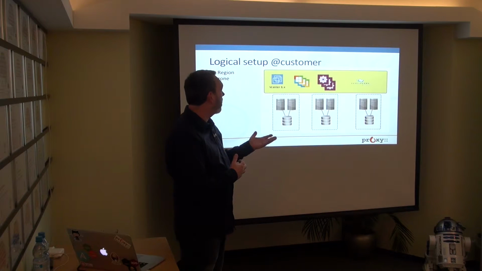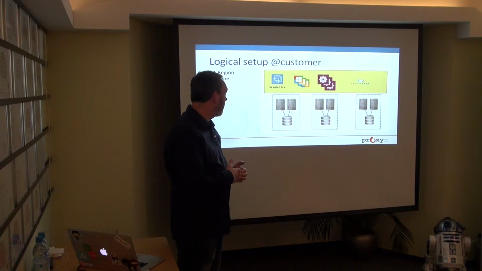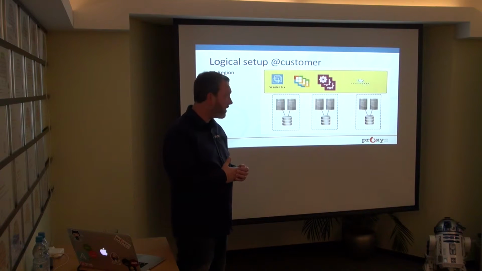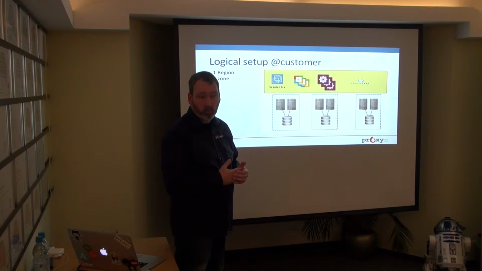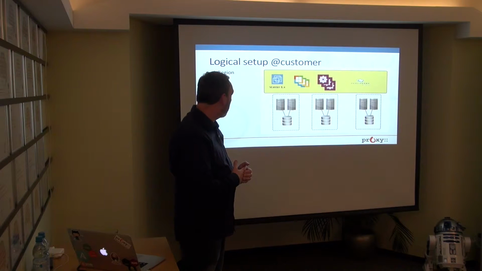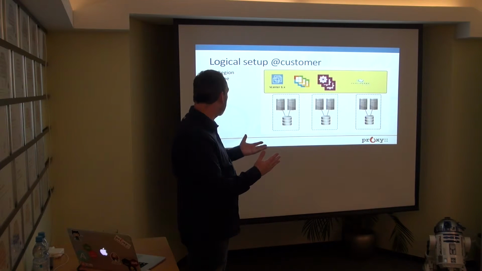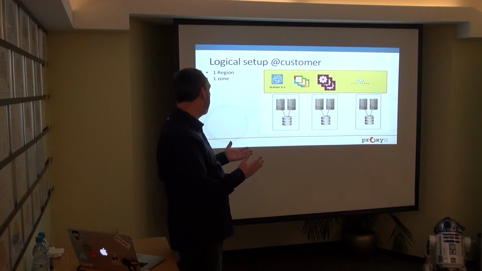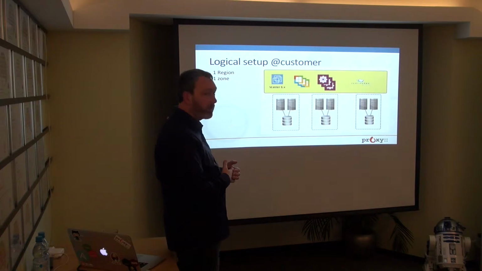The VMs running were Windows VMs and CentOS, and there is CloudForms on top of it to automate things and to get reports. You see it's not very big. It can fit in one region, including one zone.